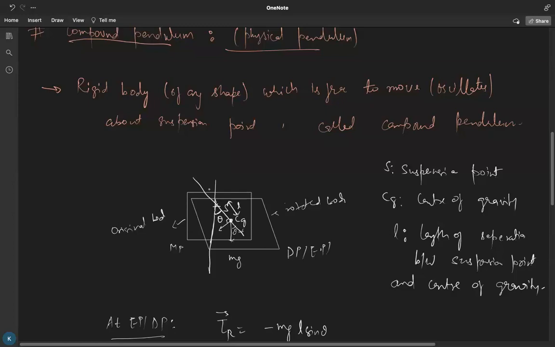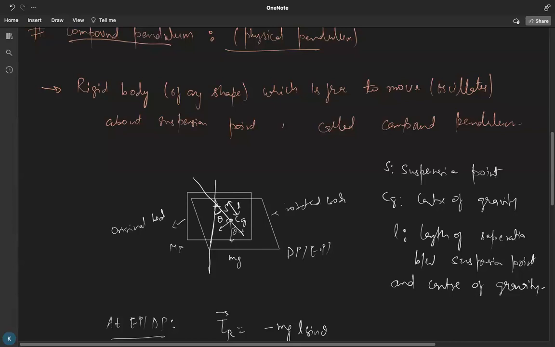The same thing I'm doing: I am assuming the whole mass of the square plate at this point, which is our center of gravity. And I am defining the length L, which is the distance between the suspension point and the center of gravity, where we are assuming the whole mass of the rigid body, right?